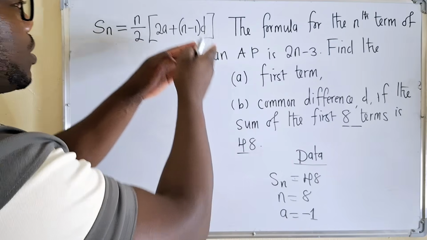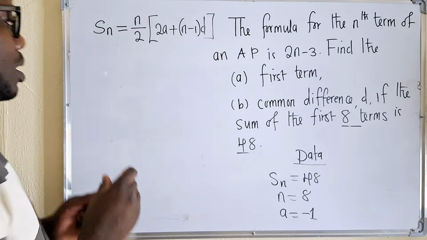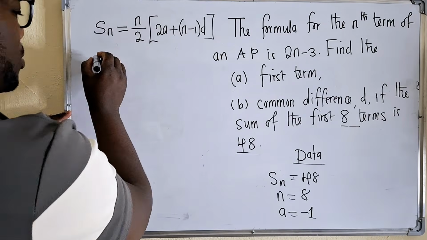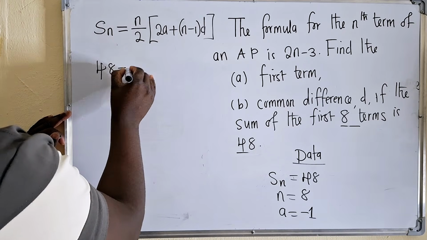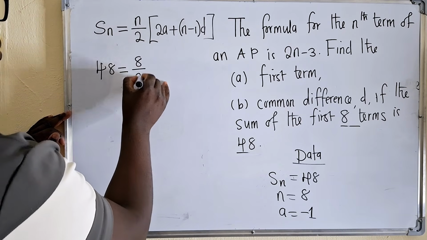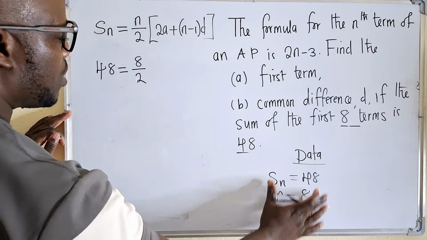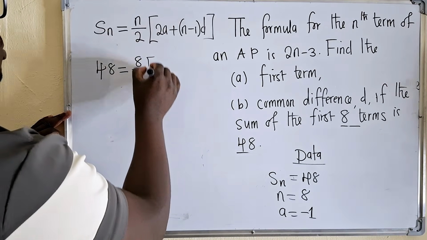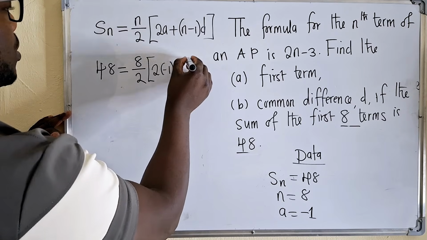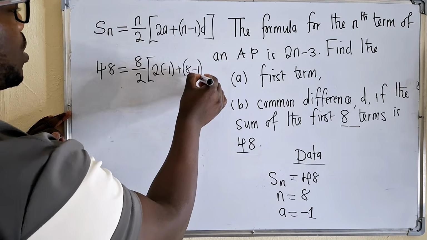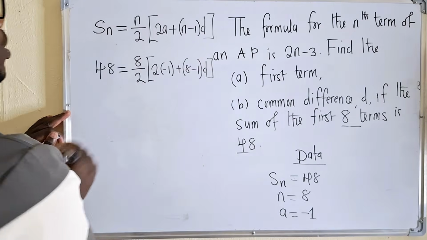And the question is asking us to find the value of D. So we can say 48 is equal to 8 over 2. I'm getting this information from our data. Open bracket, 2 times negative 1, plus 8 minus 1, D, and close.